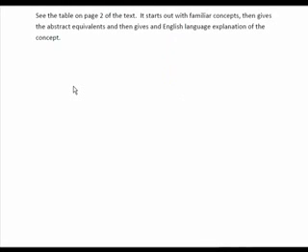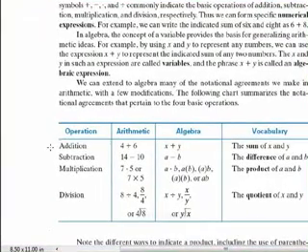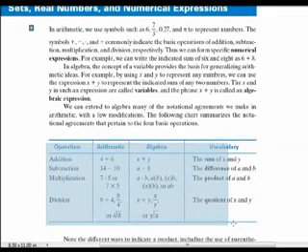So let's take a look at page 2 of our text. It starts out with some familiar concepts, for example, addition, 4 plus 6, and then it gives an abstract equivalent, and then finally the English language explanation of the concept. So let's take a look at it. You can see we have operations we're familiar with: addition, subtraction, multiplication, and division.